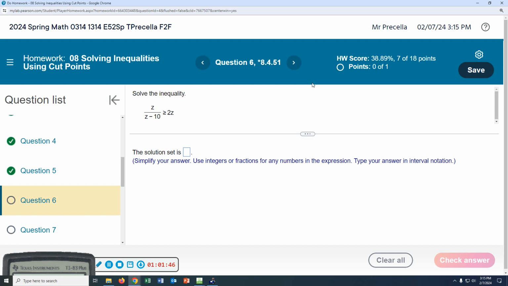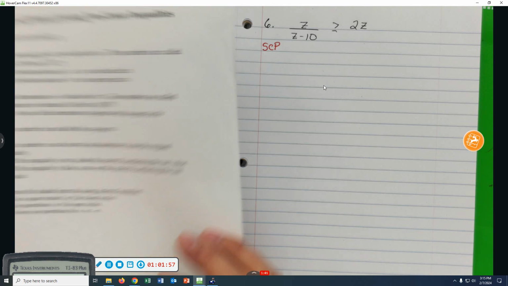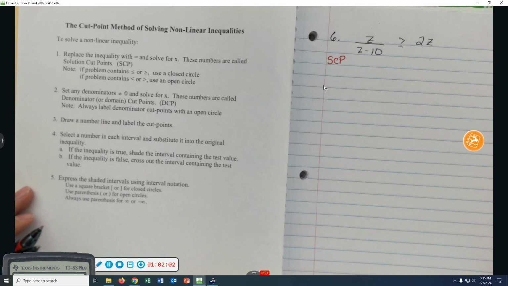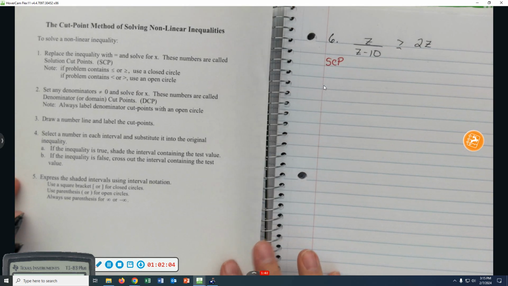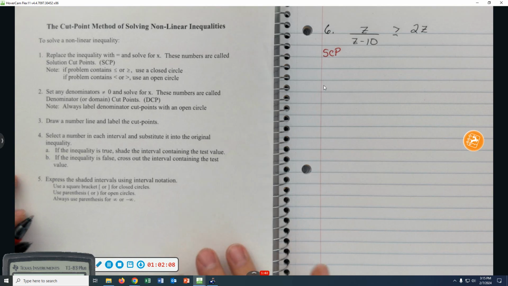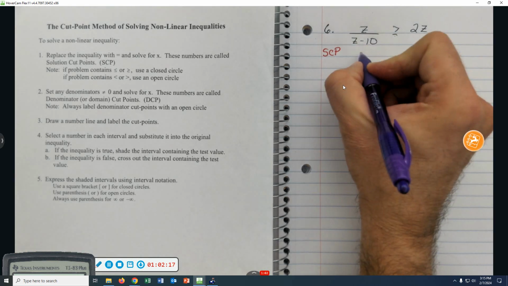Start off finding our solution cut points. Move it like this. Trying to do it very low tech, so I'm not having to flip screens or anything there. Okay, so for a solution cut point, replace the less than or equal, the greater than or equal to with just an equal sign.